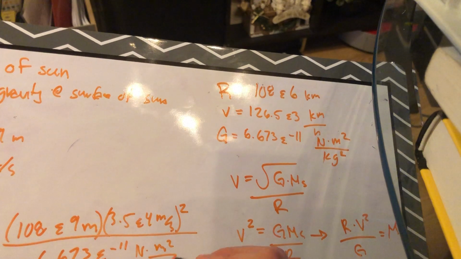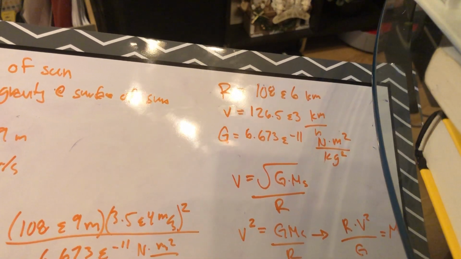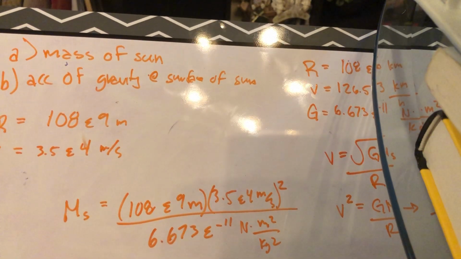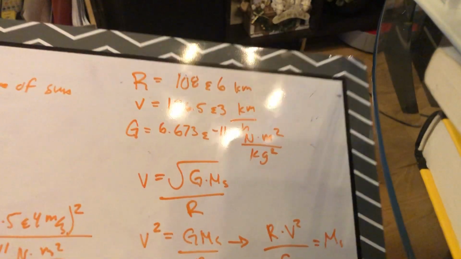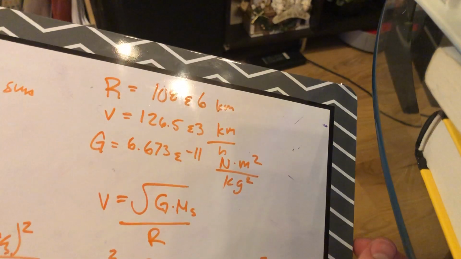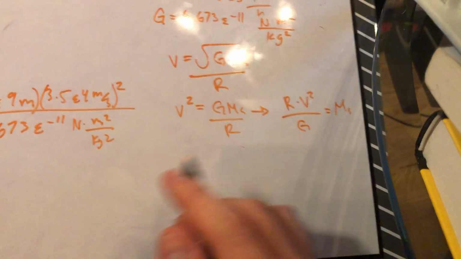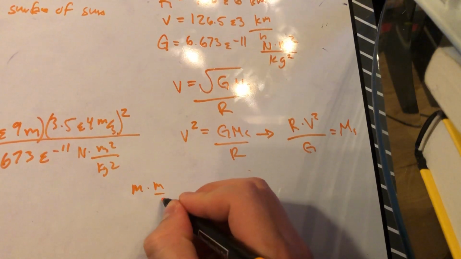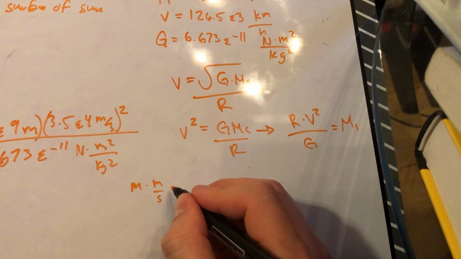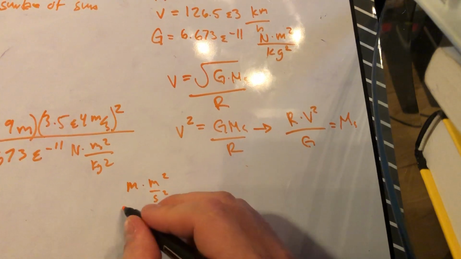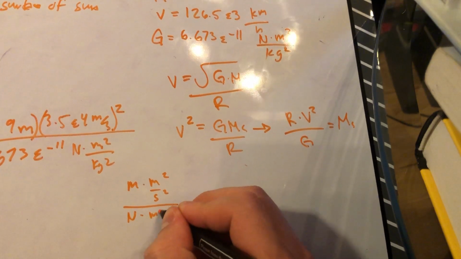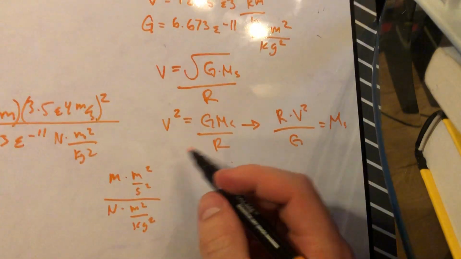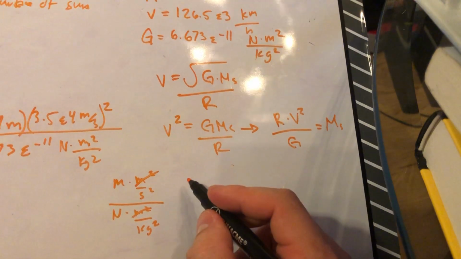Newton meter squared per kilogram squared. Okay, and let's do a unit check. So if we do a unit check, times meters per second squared, over Newton per meter squared per kilogram squared. What happens? That guy goes out, that guy goes out. Cool.